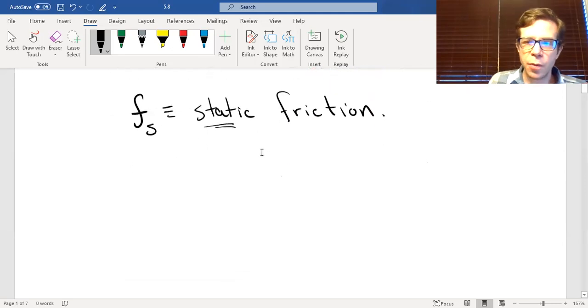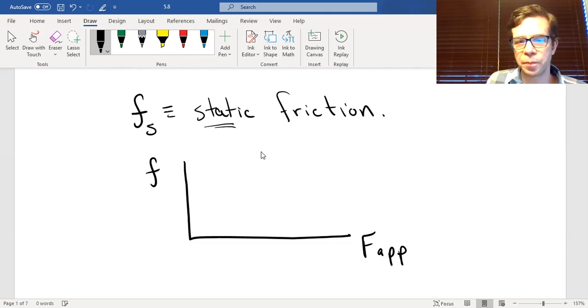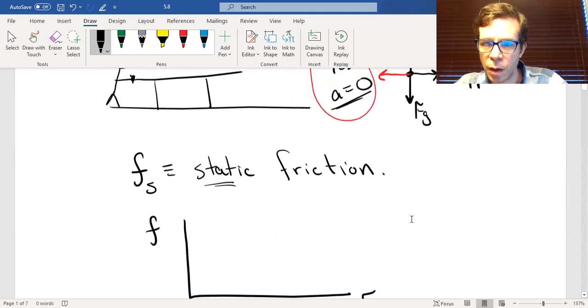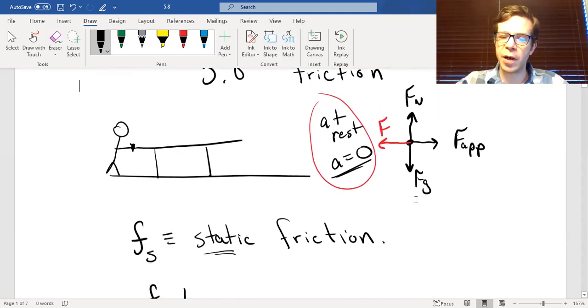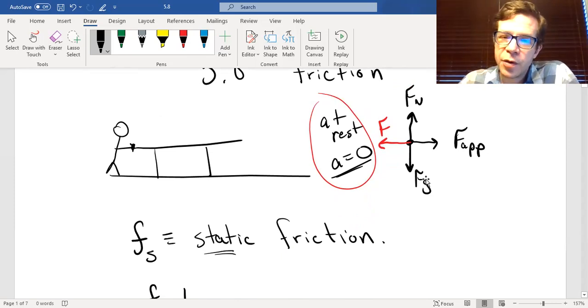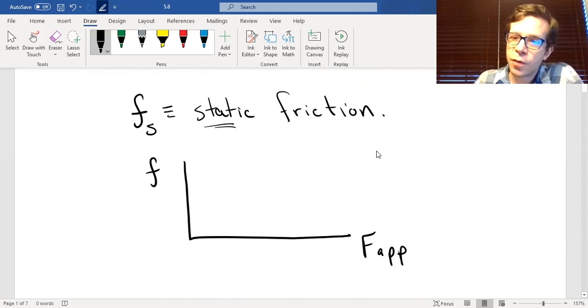All right, so now what we want to do is consider a graph of the frictional force versus the applied force. Well, let's look at our free body diagram here. Those are the only forces in the x direction. As long as I'm at rest, those two are equal.